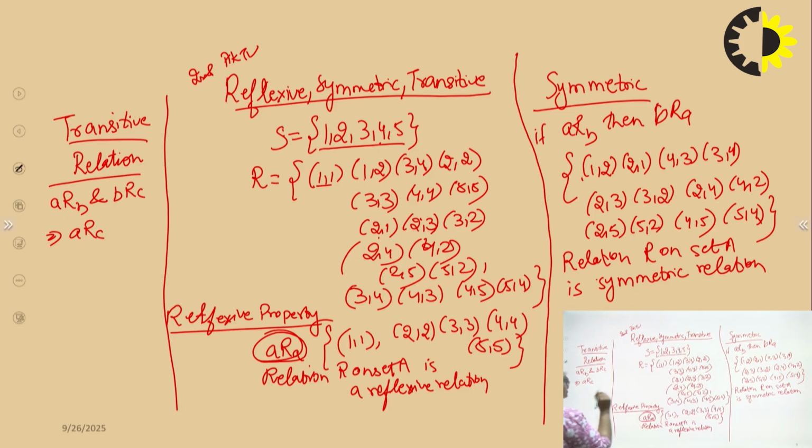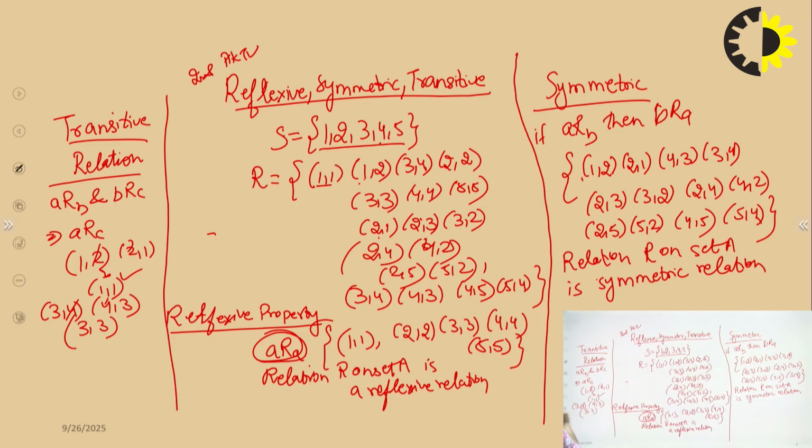So we check: we have (1,2) present and (2,1) present. So (1,2) and (2,1): is (1,1) present? If we cancel 2, 2, then is (1,1) present? Yes. Now if we look at (3,4) and (4,3), then if we cancel 4, 4, then (3,3) is also present.